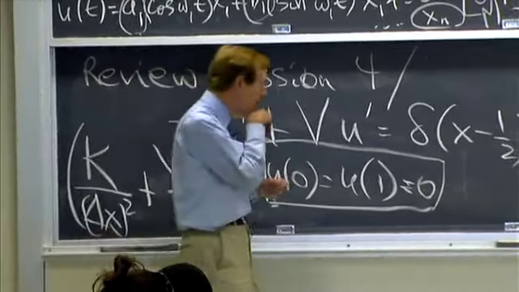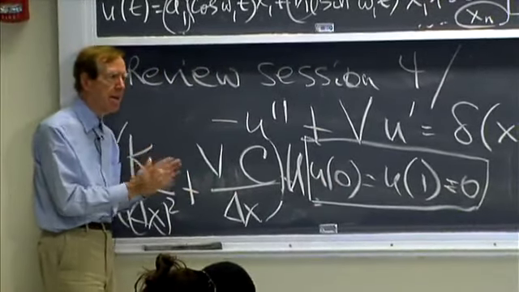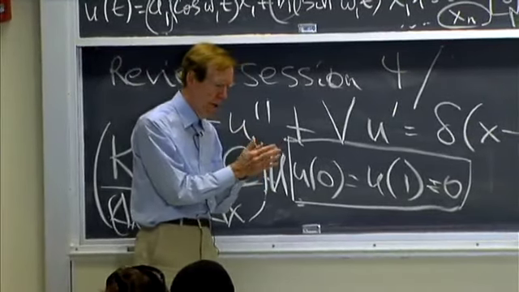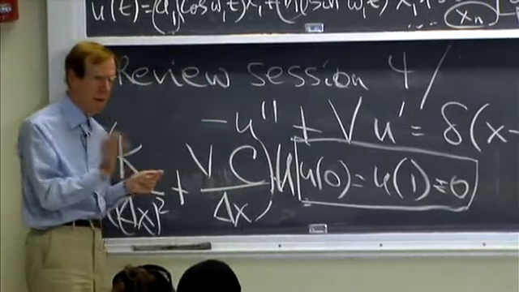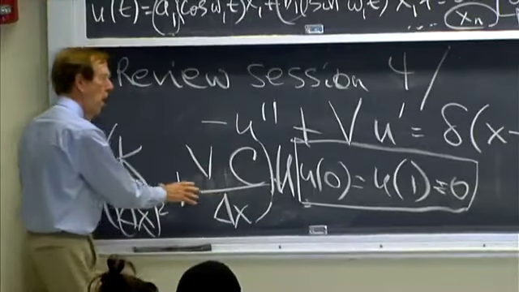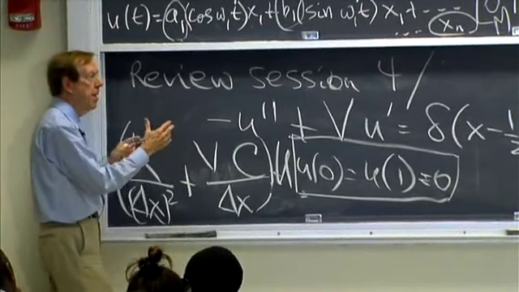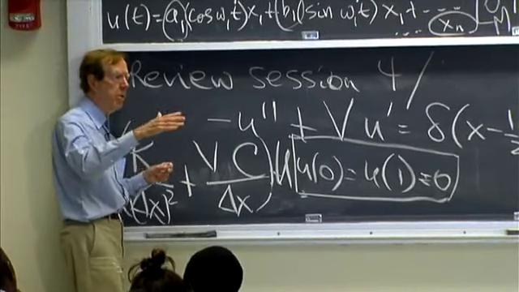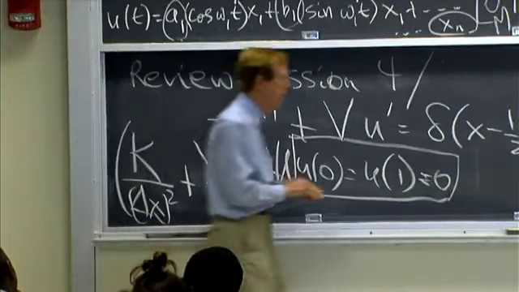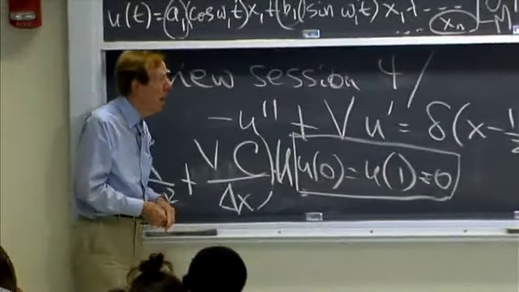The question about the eigenvalues of this matrix, I don't know exactly the answer. Did you discover that the eigenvalues are real for small values of v and n, but then there's some point at which they become complex, a point that involves both v and delta x, actually v and n?